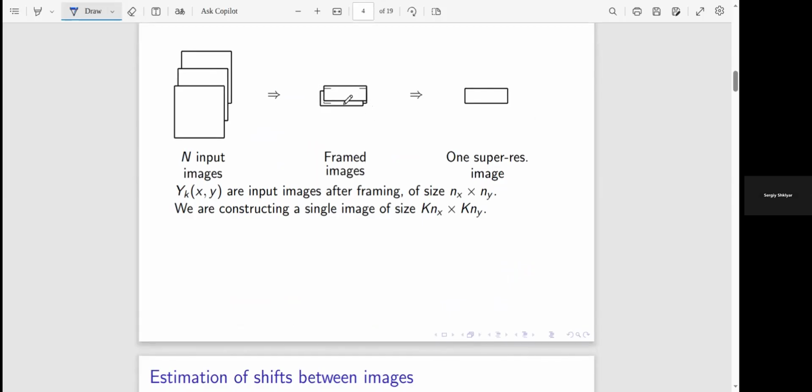After framing, these images represent images of the same area. However, because of finite pixel size, there could be subpixel shifts between images.